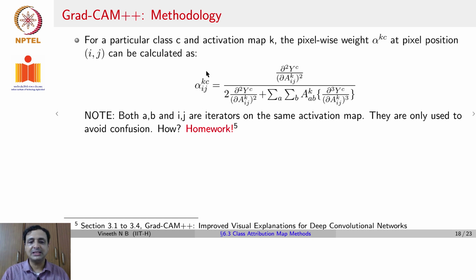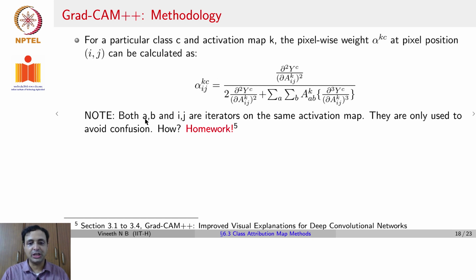But what happens is, by reorganizing the gradients and using some arithmetic around the expressions of the gradients, Grad-CAM++ shows that alpha sub ijkc can actually be obtained as a closed form expression of several gradients that you have already with you.